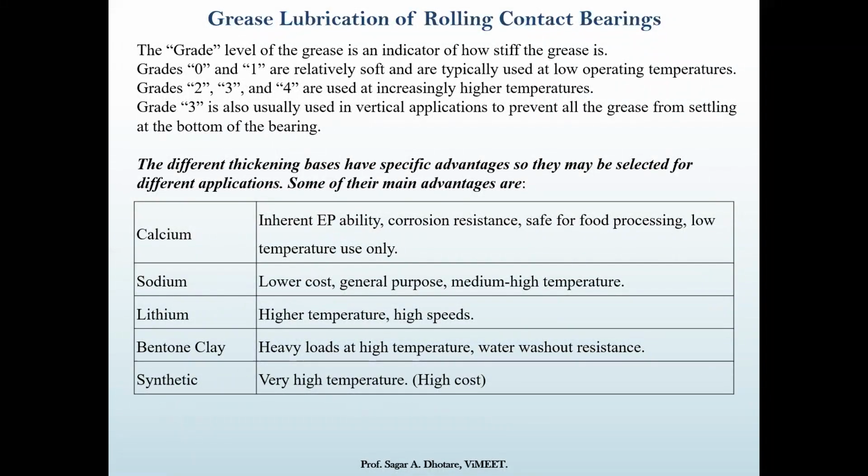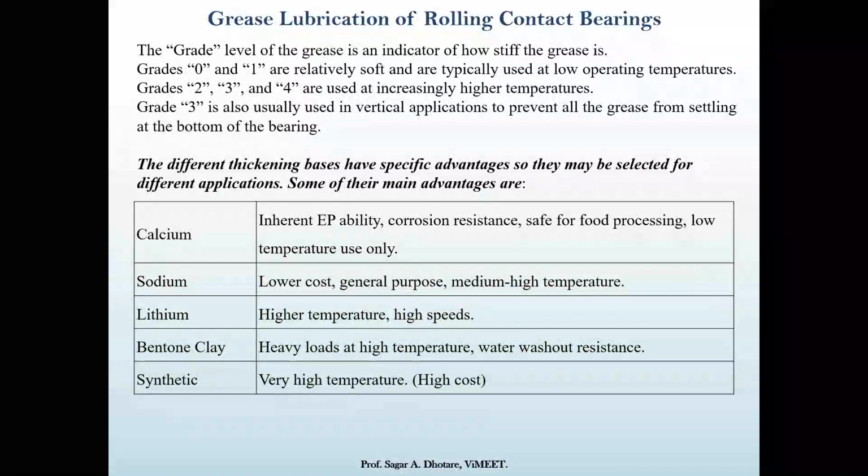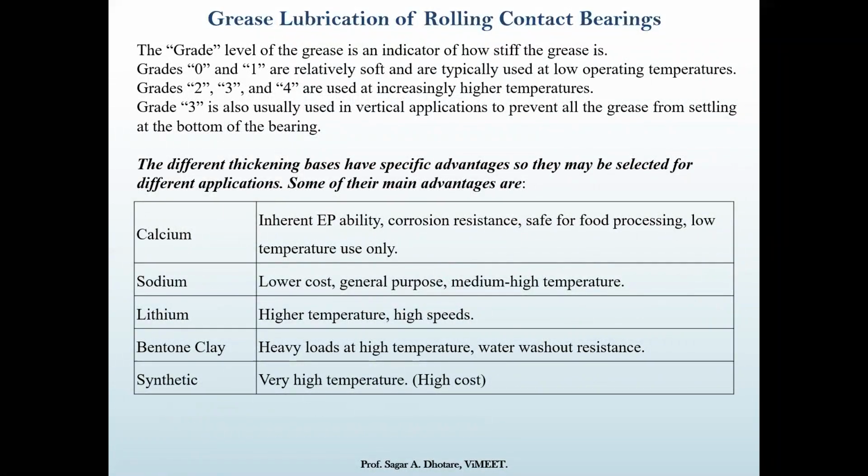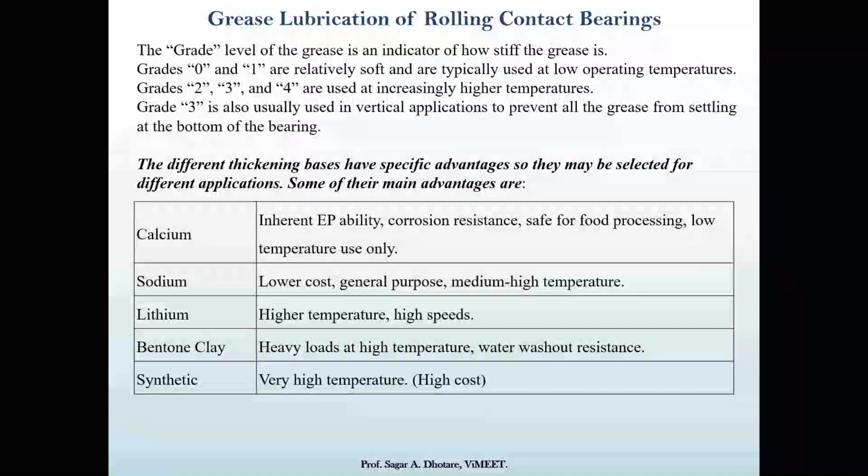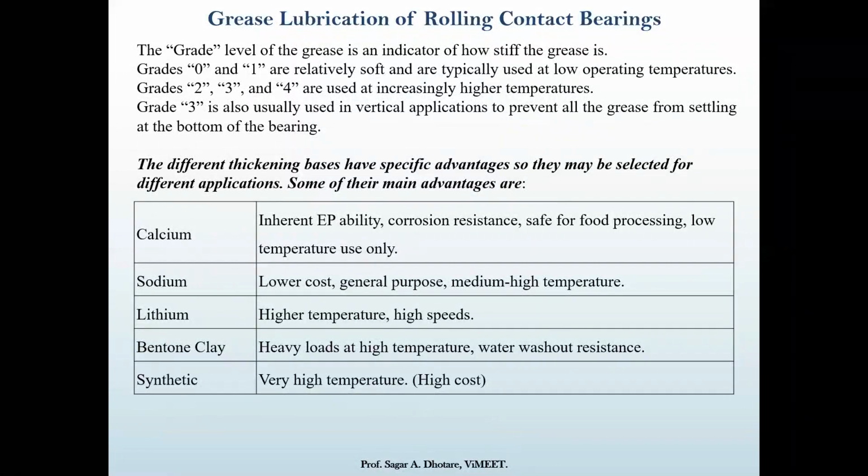Grade numbers 2, 3, 4 are used for high operating temperature. Grade number 3 is usually used in vertical applications to prevent the grease from settling at the bottom of the bearing. Okay, so the base compounds are calcium, sodium, lithium, bentonite clay, and synthetic. Each has its own advantage. So based on these advantages, you can select the proper thickened grease.